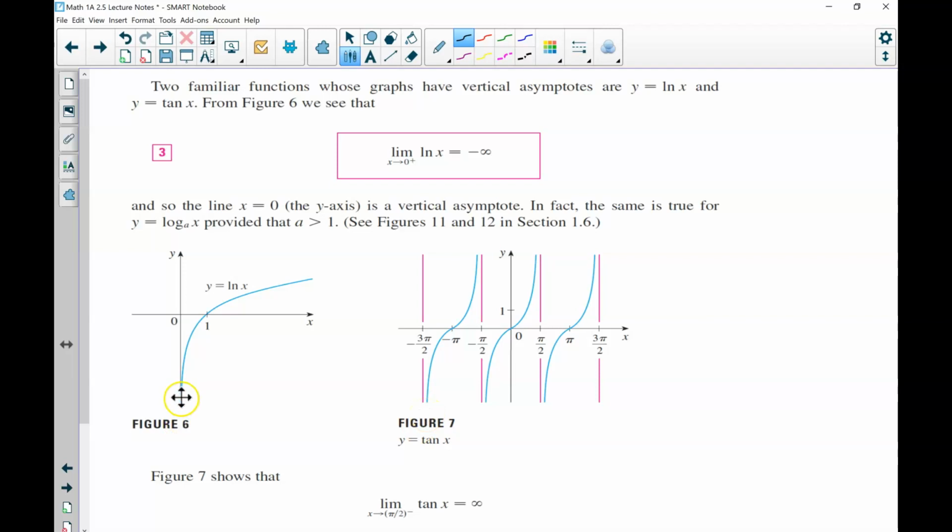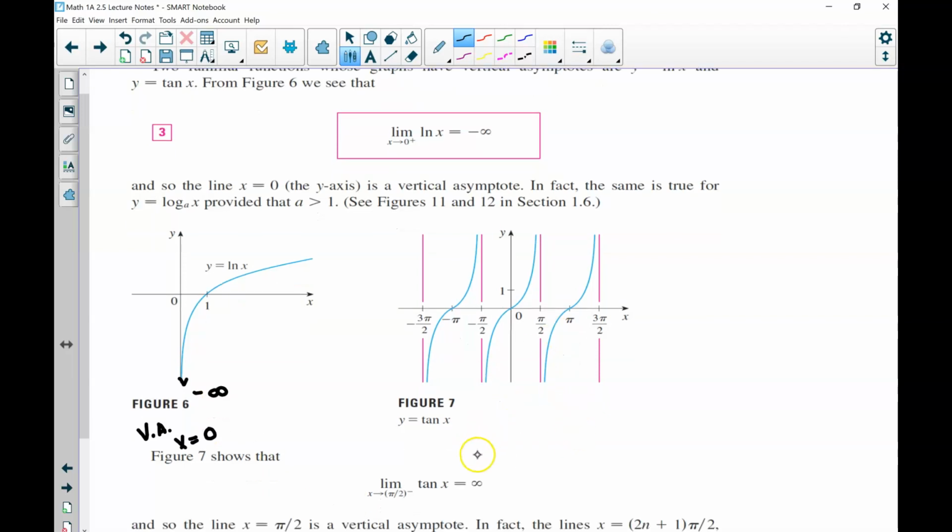You can see here as it's going from the right, it's approaching negative infinity. The vertical asymptote, which I'm going to abbreviate as VA, is x equals 0, which is the y-axis. In fact, the same is true for y equals the log base a of x, provided that a is greater than 1.